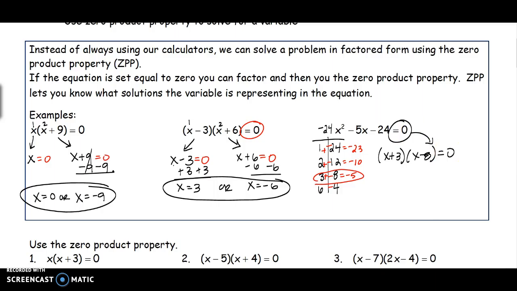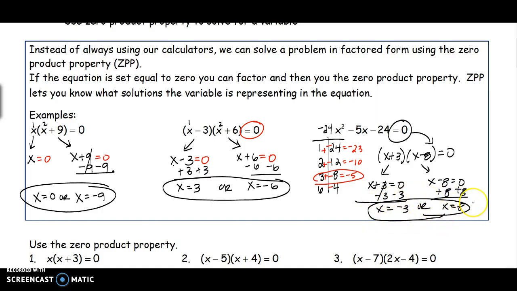At this point, we can continue and now solve for our answer. So we have x plus 3 equals 0 and x minus 8 equals 0. When you subtract 3, we have x equals -3. And when you add 8, you have x equals 8. So here are our two answers.